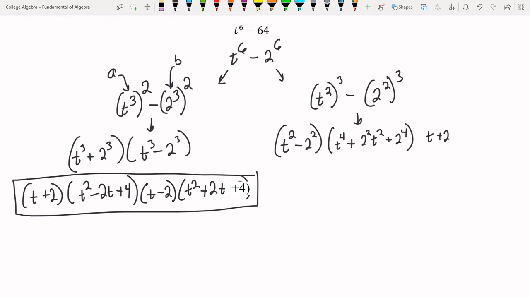Oh, sorry, no, there's nothing else there. That's a difference of 2 cubes.